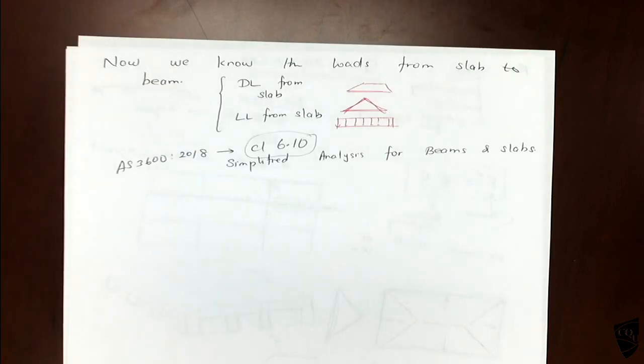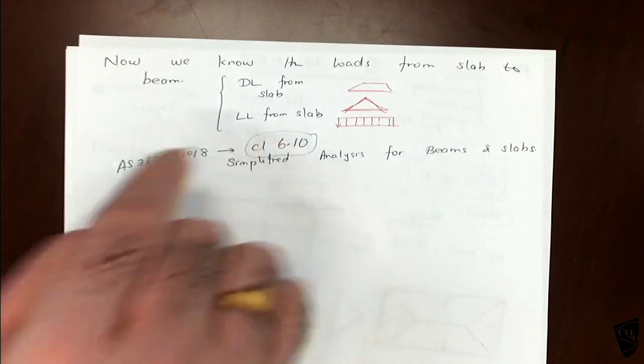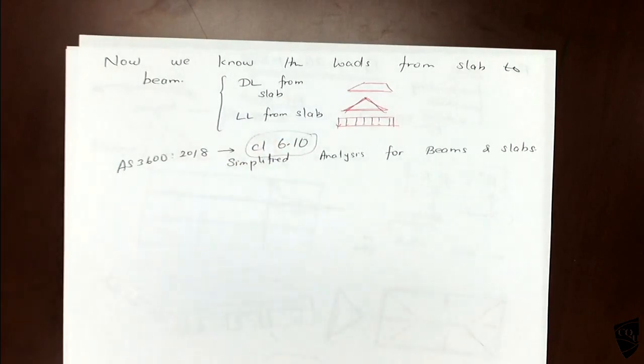It says the load should be uniformly distributed. What does that mean? Only uniformly distributed loads can use this simplified approach given in 6.10.